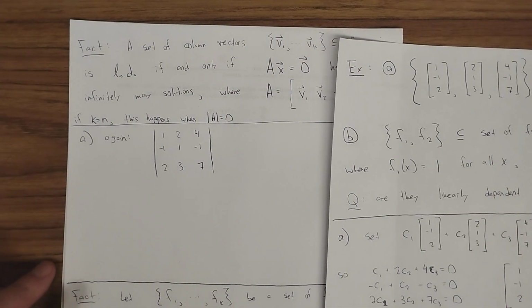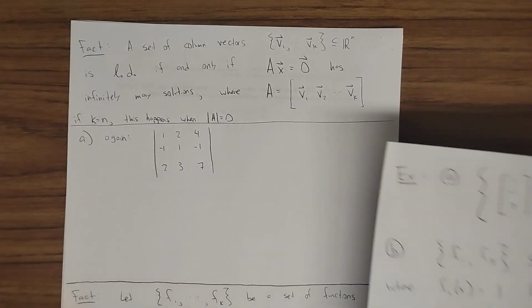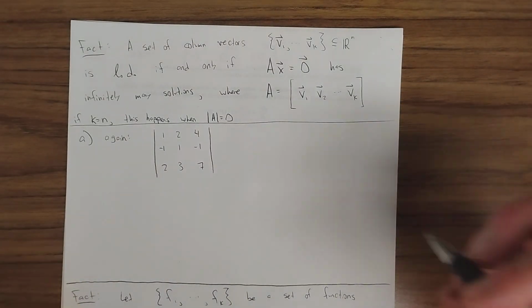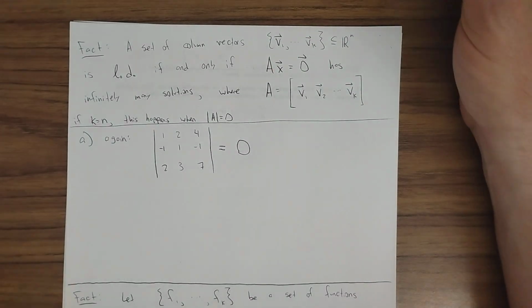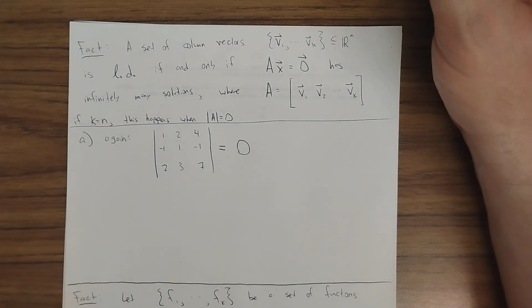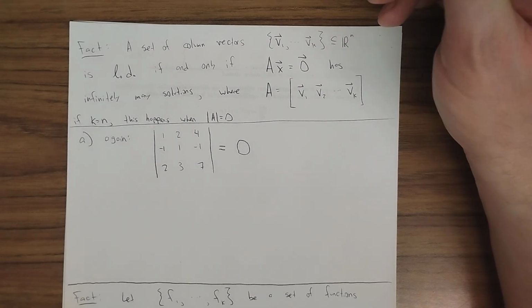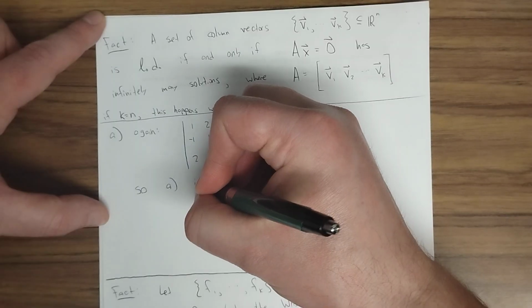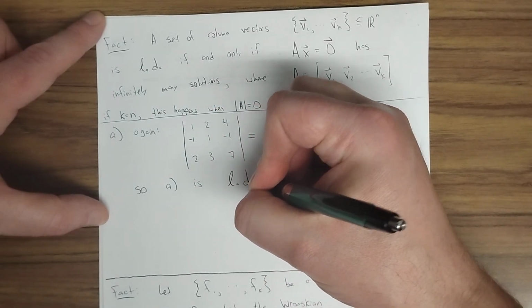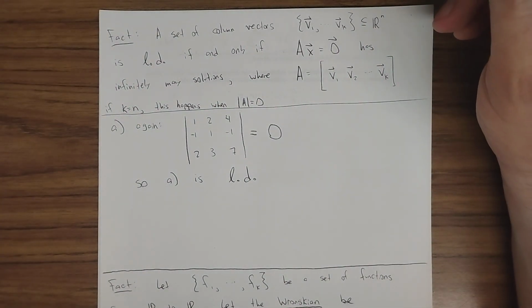And maybe I don't want to take the time to really do this determinant, but you can check that this determinant is 0. And then that's another way of showing that these vectors are linearly dependent.